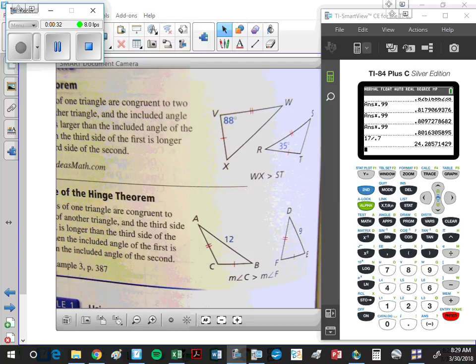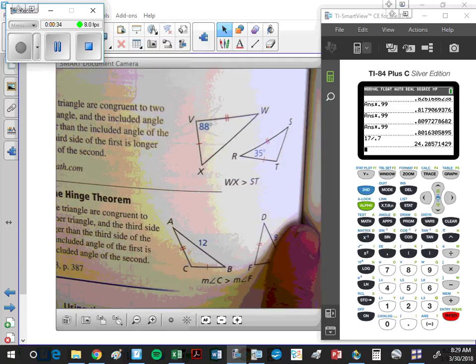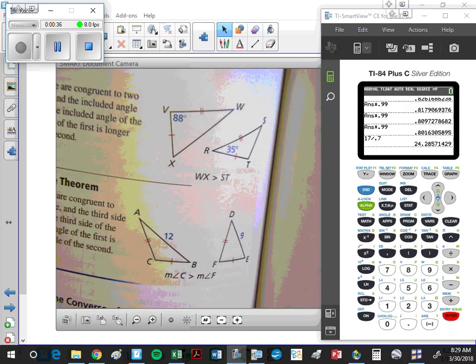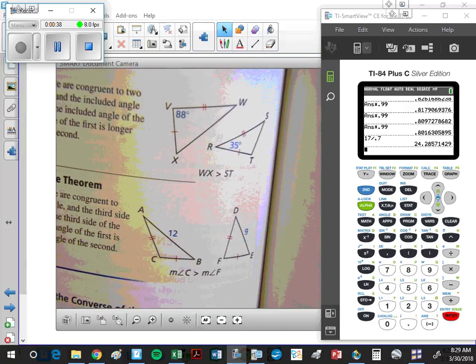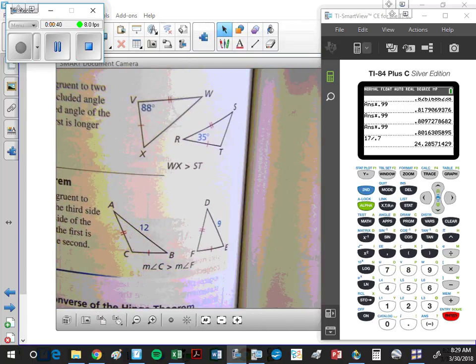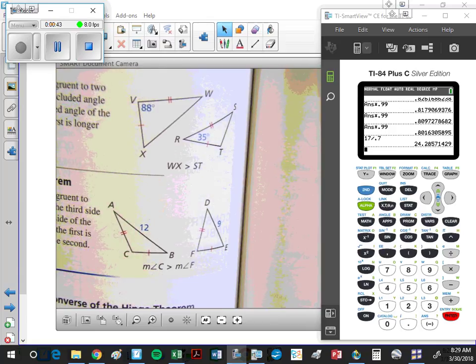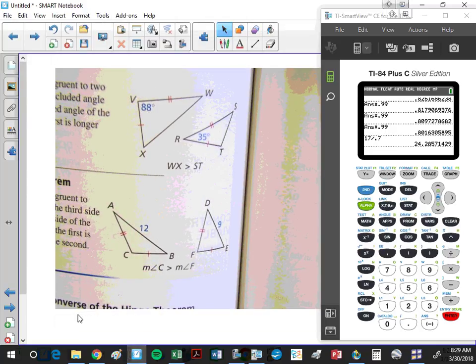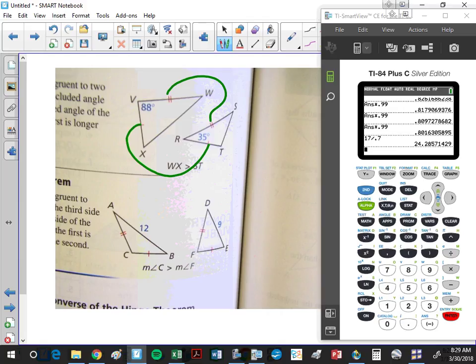And this uses something called the hinge theorem. So the hinge theorem, if you look at this first set of triangles right here, we have two triangles that have two corresponding sides. What that means is this side and this side are the same size. Okay. And then this side and this side are the same size.